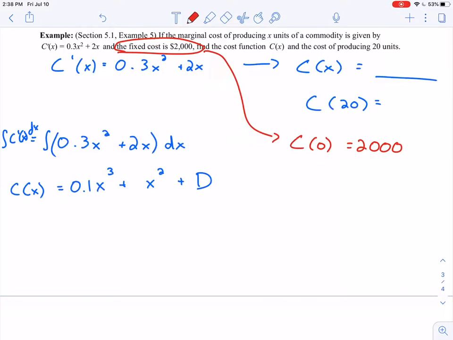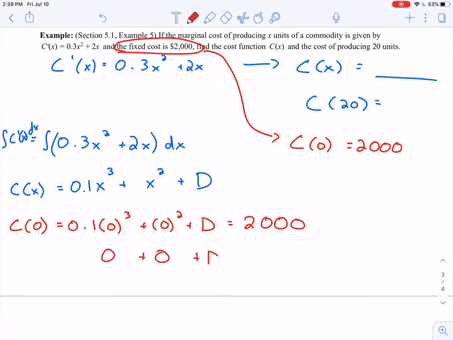So this gives me a way that I can solve for d. I can say, well, c of 0, that's equal to 0.1 times 0 to the third plus 0 squared, plus I don't know what d is, so I'm going to leave that there. And all of this is equal to, we said, 2,000. So I have 0 plus d is equal to 2,000.